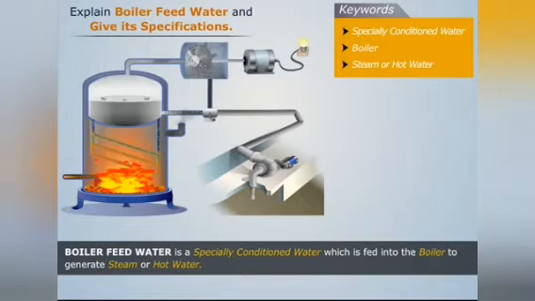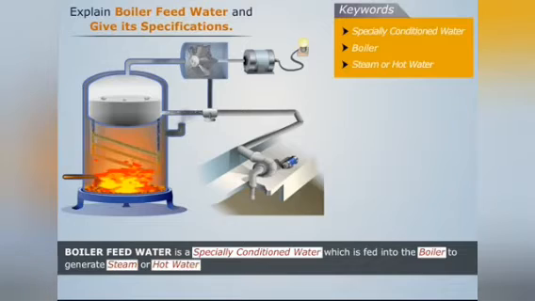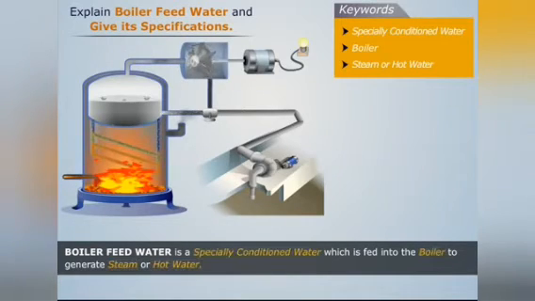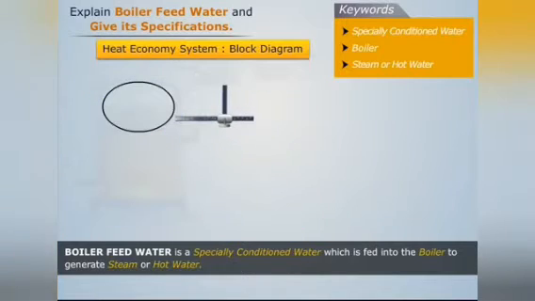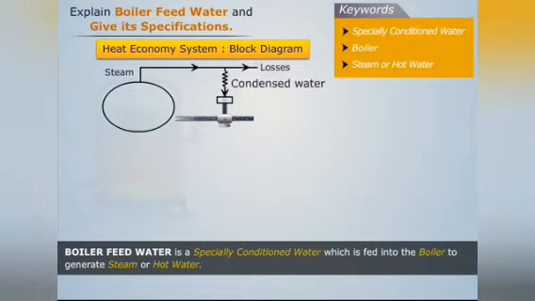Thus, we can say that boiler feed water is specially conditioned water which is fed into the boiler to generate steam or hot water. It is generated through a system of heat economy. Steam produced in the boiler is condensed after use and is returned as pure feed water called the return water.